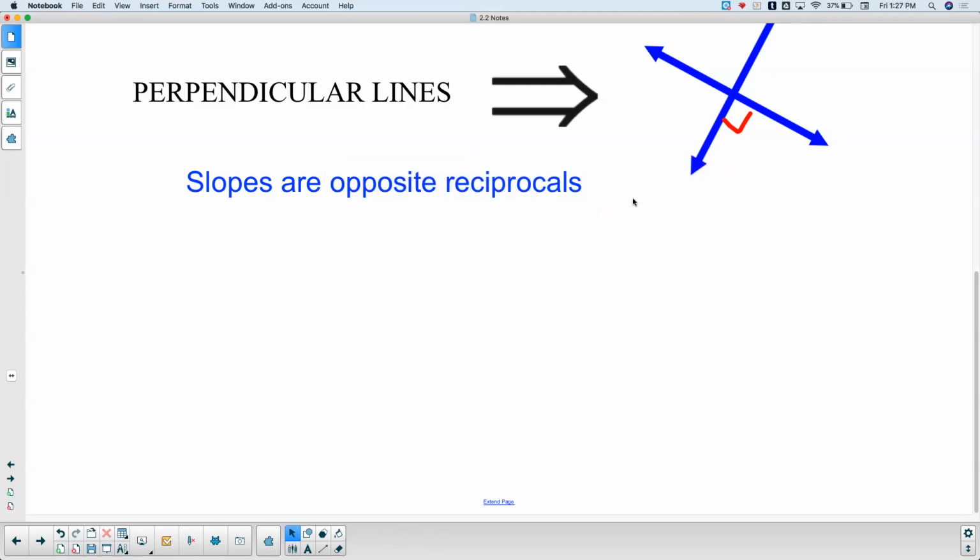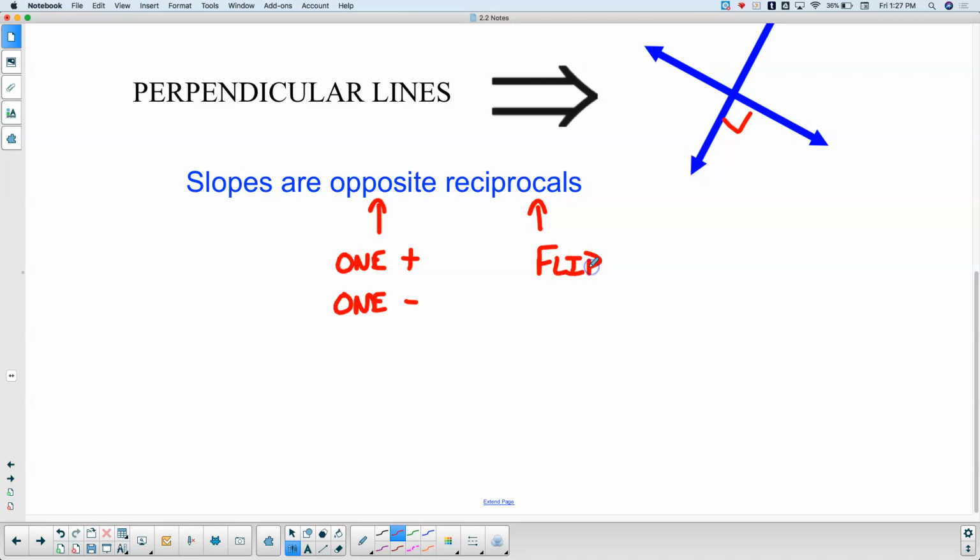The opposite part here tells me that one is positive and one is negative. The reciprocal part here tells me that if I flip one of them, I get the other. And both conditions have to be met.